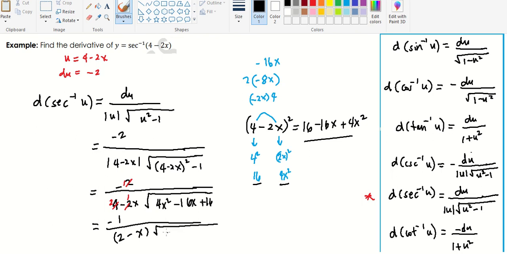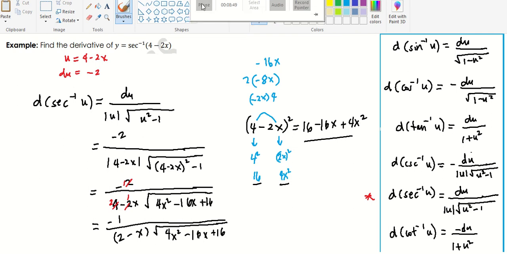square root of 4x squared minus 16x plus 16. Alright? Ayan, so nakalimutan po natin yung ating minus 1, no? Hindi natin na i-subtract dito.